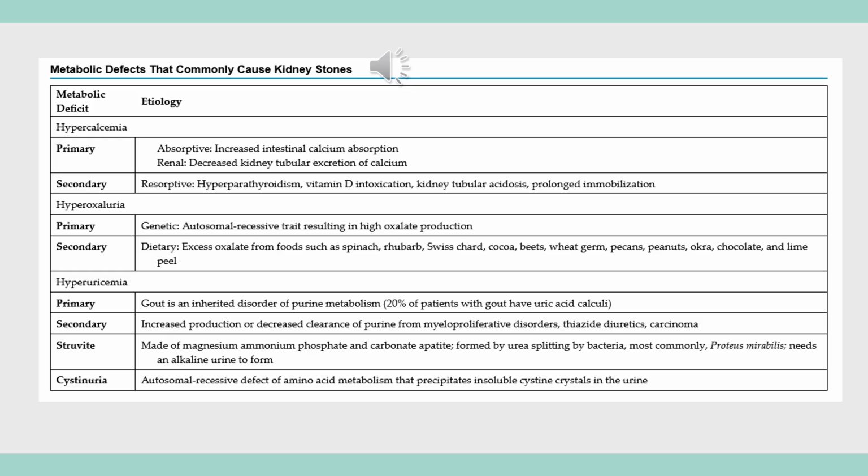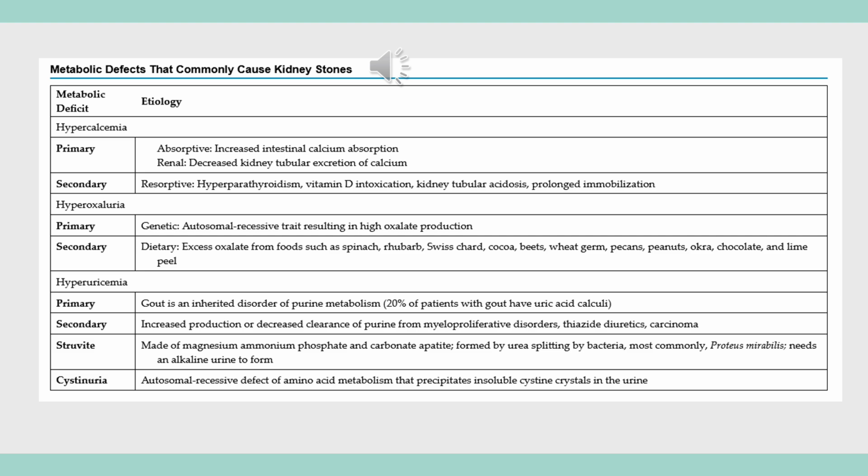So primary causes of hyperuricemia are inherited disorders of purine metabolism, such as gout, where up to 20% of patients can actually develop uric acid stones. Secondary causes of hyperuricemia are things like increased production or a decreased clearance of purine due to conditions like a carcinoma or the use of certain medications such as a thiazide diuretic.